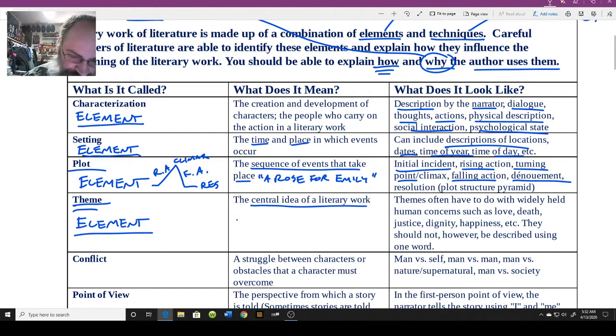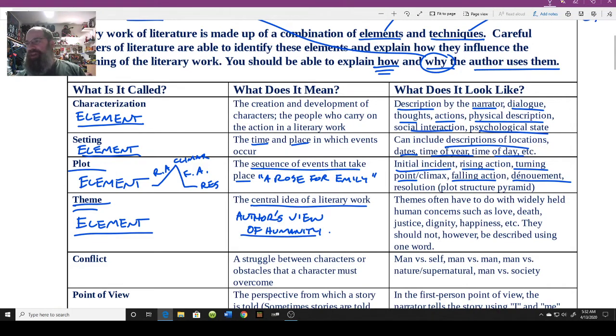theme. Author's view of humanity. And really, to simplify that, it really is going to fall into three categories. The author thinks we all are terrible people.